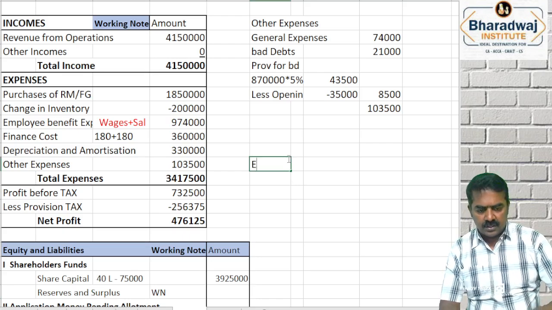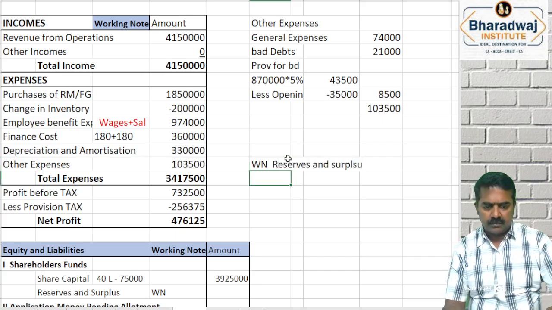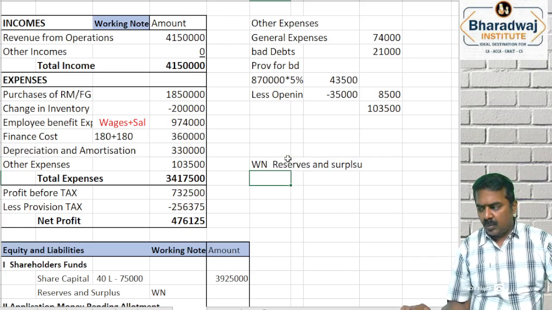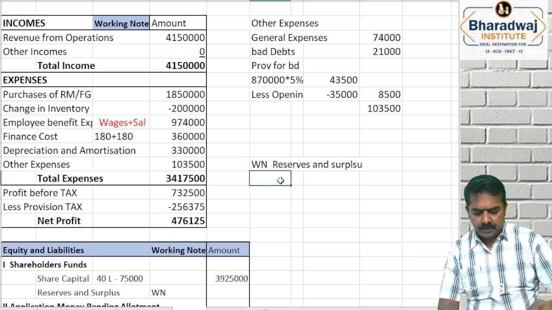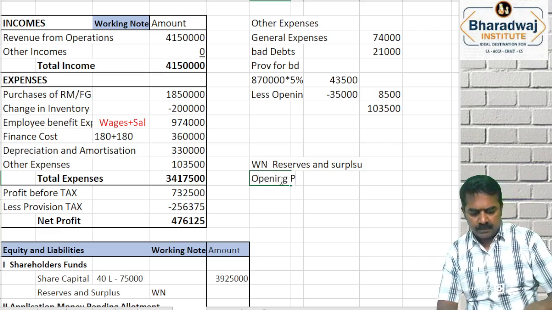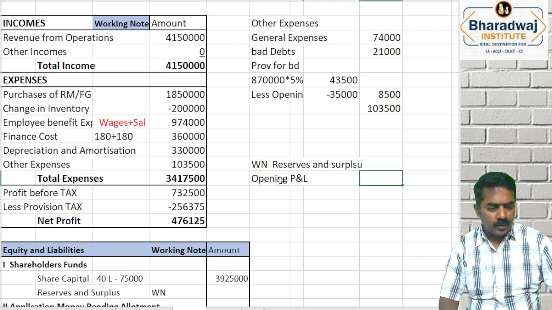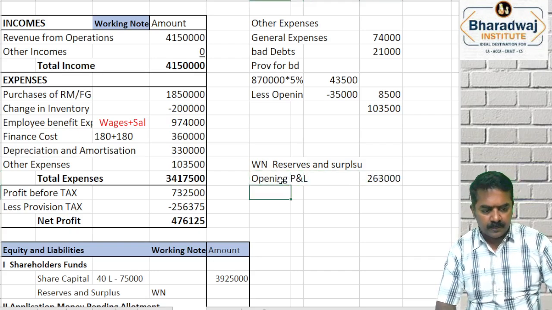Let us do the reserves and surplus working now. What all will come in reserves and surplus? Opening P&L 2,63,000, sir. 2,63,000.